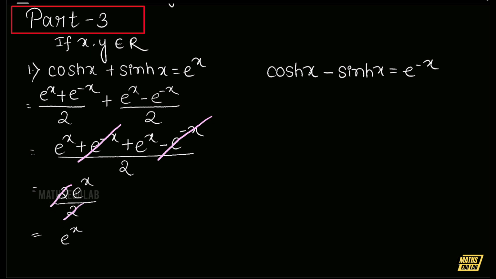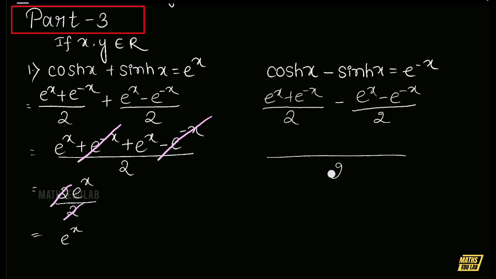Now let's solve this one the same way. Here we have to write the formula, only the sign changes here: e to the power of x plus e to the power of minus x by 2 minus e to the power of x minus e to the power of minus x by 2, upon 2. So on solving, we get e to the power of x plus e to the power of minus x minus e to the power of x, minus minus is plus, e to the power of minus x.